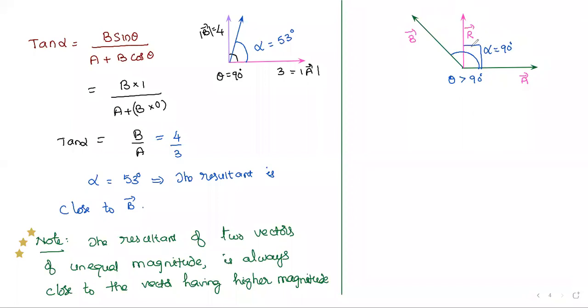This angle alpha is equal to 90 degrees, whereas the angle between the two vectors is more than 90. To understand, you can take it as 120 degrees or 150 degrees, any angle. Take 150 degrees. This is 90, so this angle will be 60 degrees, because the total angle is 150.